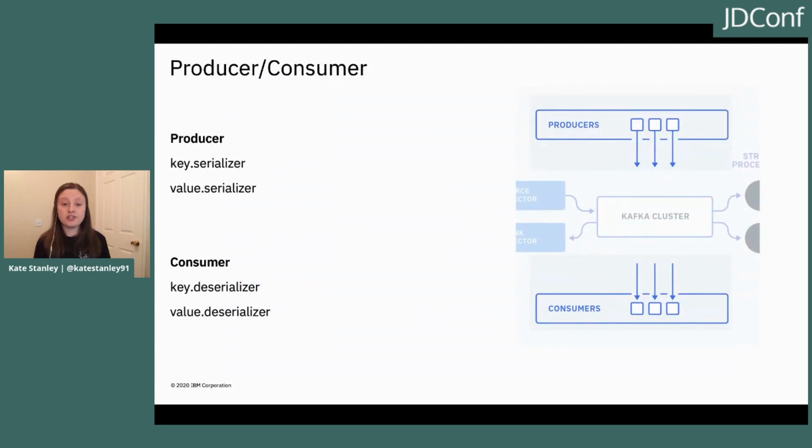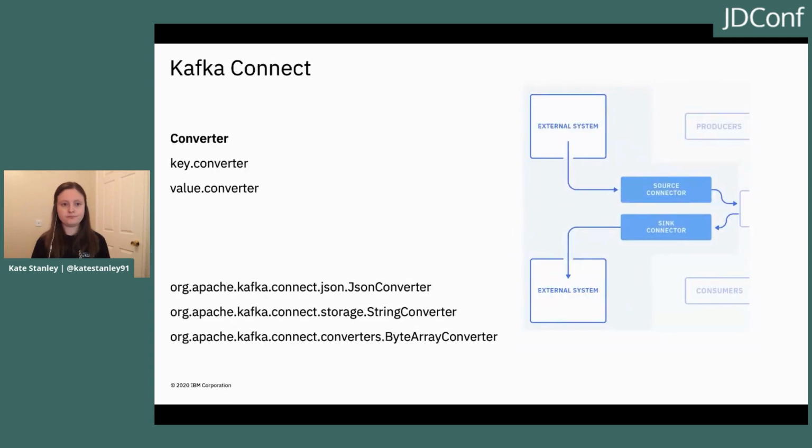So if you're using a producer consumer, you provide for the producer a key serializer and a value serializer. And for the consumer, it's key deserializer and value deserializer. So for whatever schema registry you have chosen and whatever format you want to use, you need to make sure that you use the right class so that it will serialize the data using magic bytes or the headers, whichever, and then the consumer can deserialize.